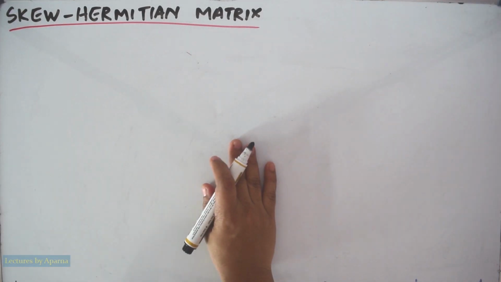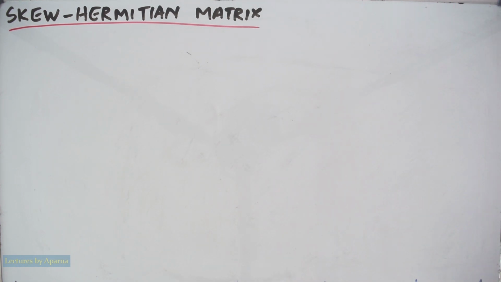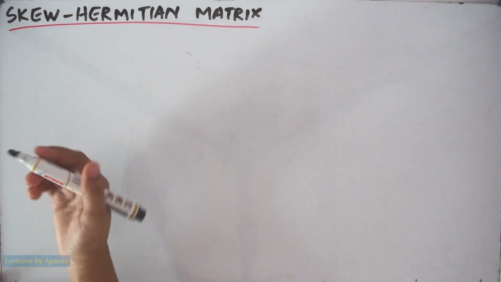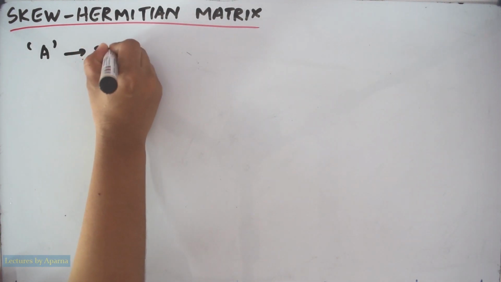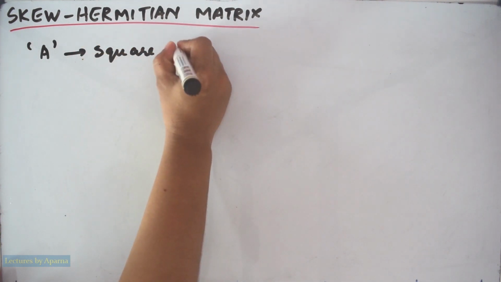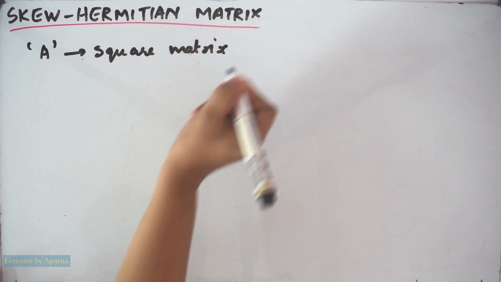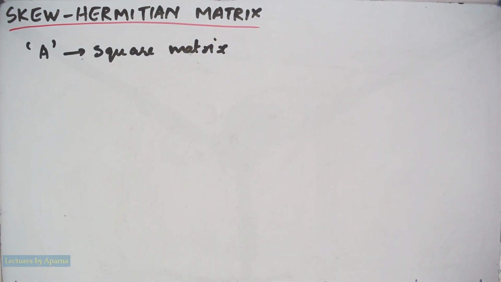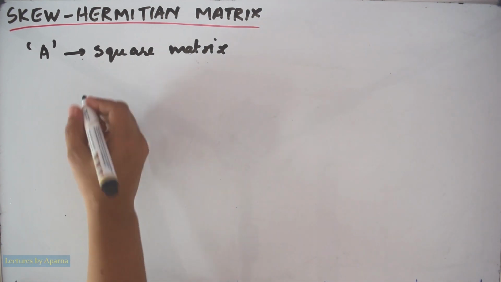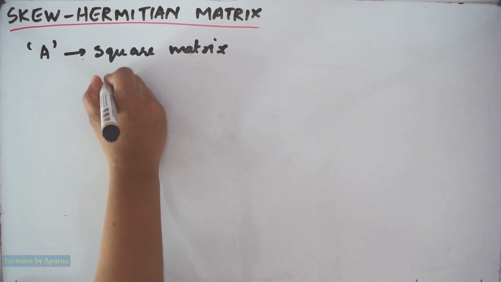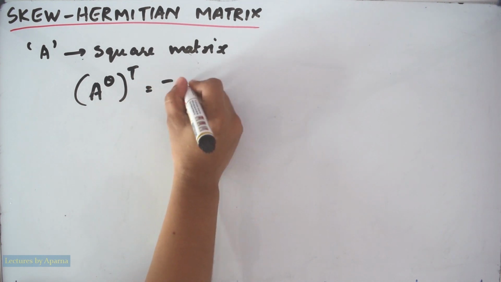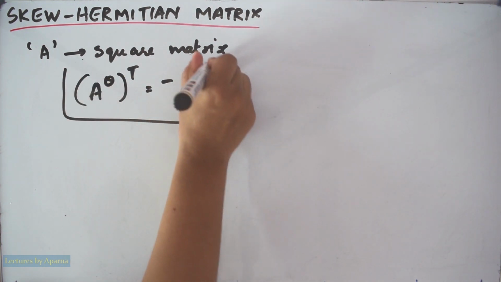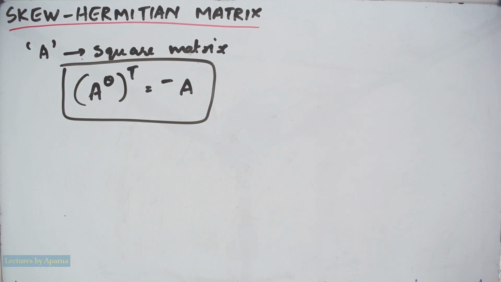Today we will discuss about Skew-Hermitian matrix. So a Skew-Hermitian matrix is a matrix that satisfies the following condition. Let A be a square matrix, and it is said to be Skew-Hermitian if it satisfies the condition A conjugate whole transpose is equal to minus A. So this is the condition that is to be satisfied to be skew-Hermitian.